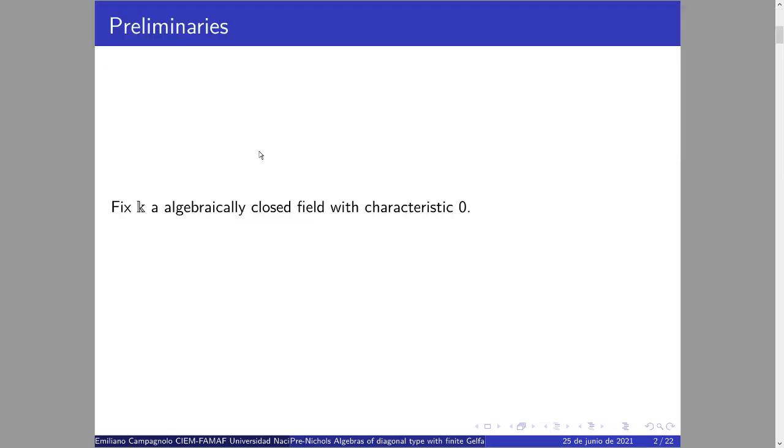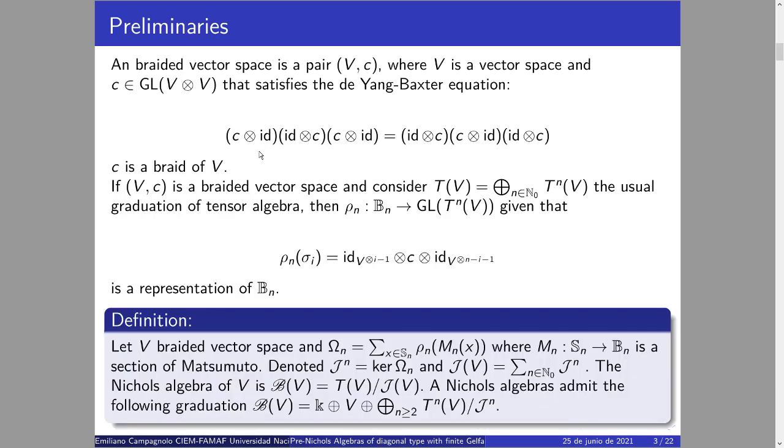Okay, in this talk, fix K, an algebraically closed field with characteristic 0. A braided vector space is a pair (B, C), where B is a vector space and C satisfies the Yang-Baxter equation.